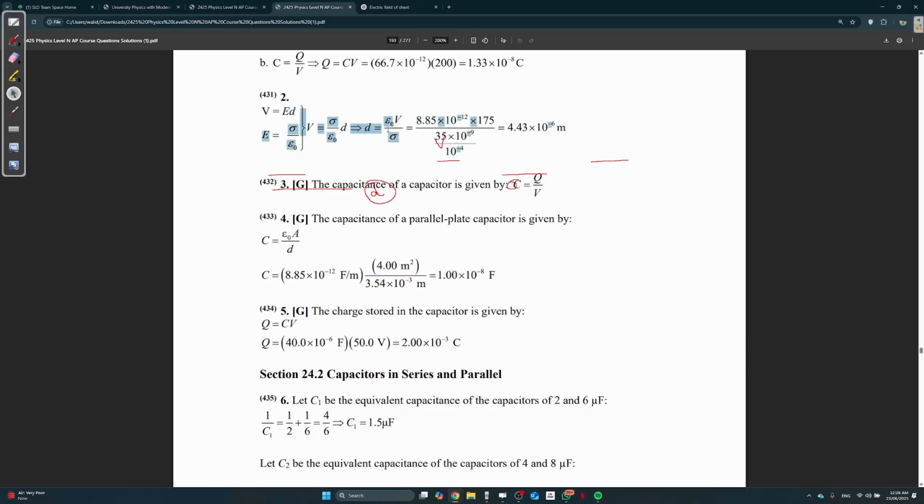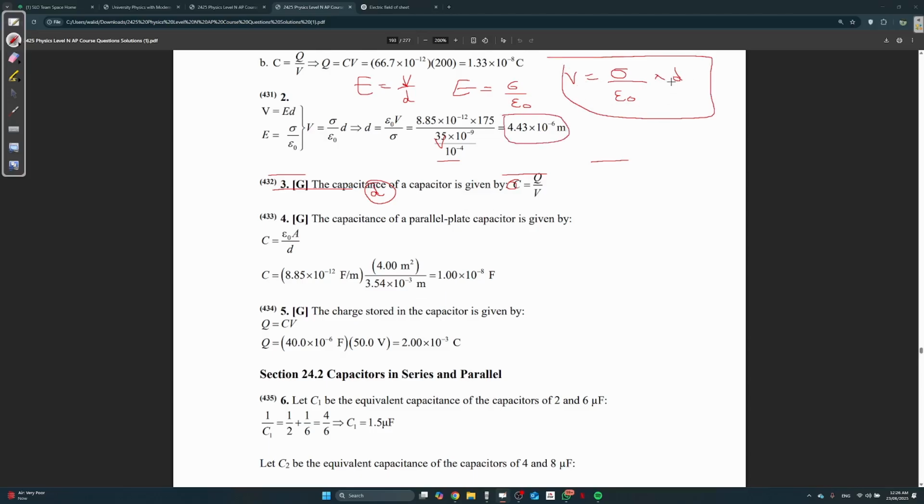Because E has another formula, which is V over D, and equating it with charge density over epsilon naught, you can get that V is equal to charge density over epsilon naught times the distance. Okay, and then you can get this answer over here, to get the distance.